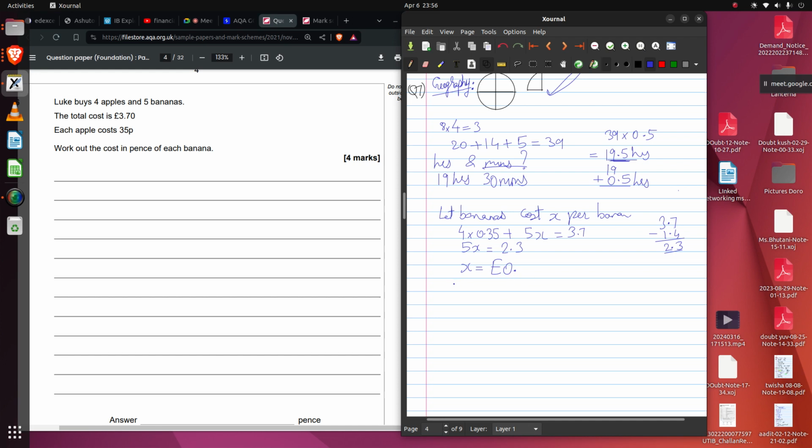Think in terms of real life. This is pound, oh wait, sterling, sorry. So it's in pence. So 0.46, good. It's in pounds. If you want to write it in pence, you write it in pence. No problem.